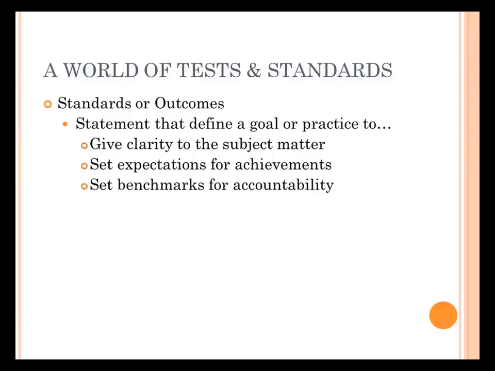Standards are not bad. We need to know, even when we apply it to what 3- and 4-year-olds know, do we have a certain continuum of what children basically know from 3 to 4, from 4 to 5?